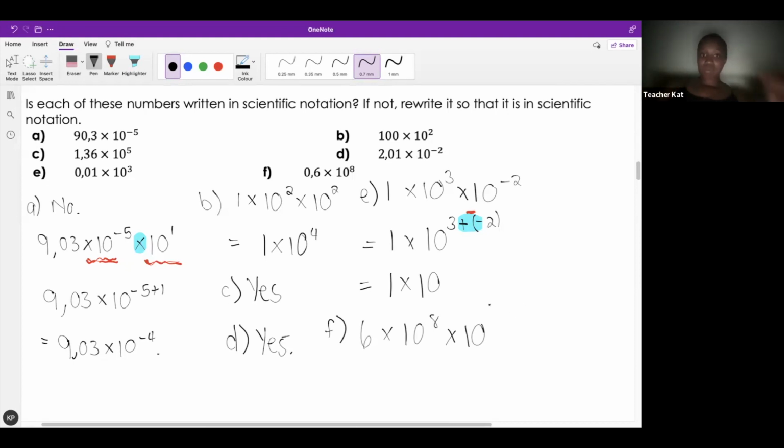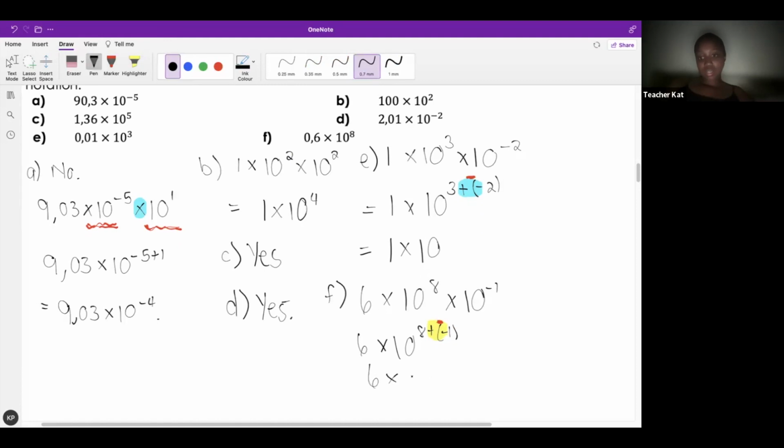Nice, negative, and we moved it once. So it's negative 1. So once again, we're going to be stuck with the 10 to the power of 8 plus negative 1. That plus negative does what? This becomes a negative. So then my final answer is 6 times 10 to the power of 7.